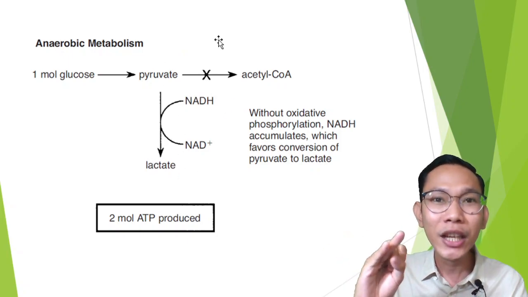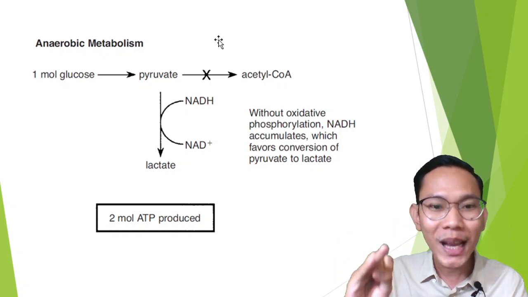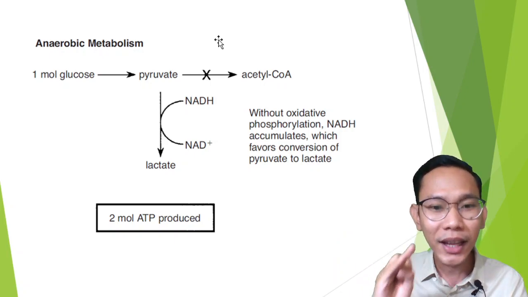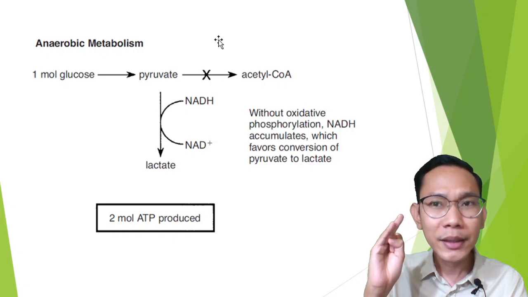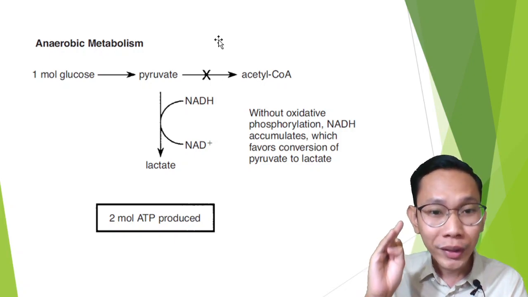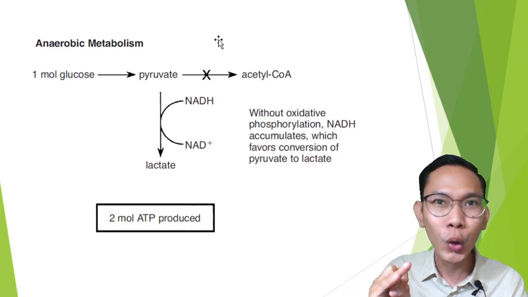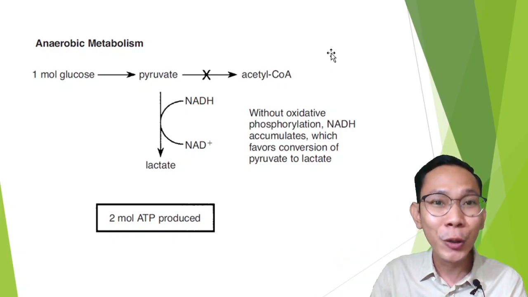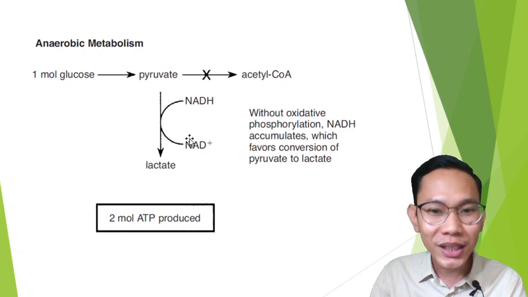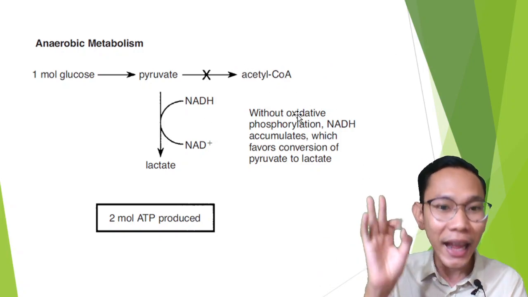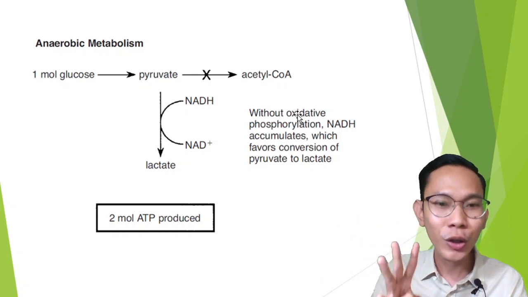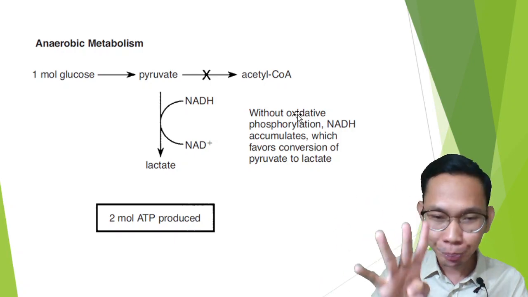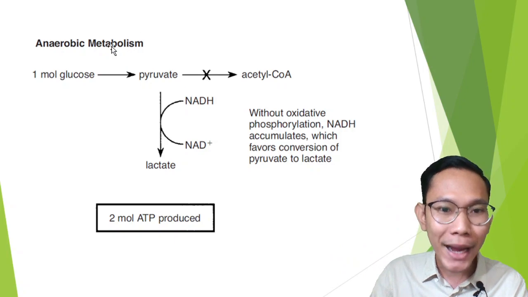Next fate niya, pwede siyang maging oxaloacetate. Yung oxaloacetate, it will be a substrate for your gluconeogenesis. What else? Magiging acetyl-CoA para mag-undergo ng Krebs cycle for your oxidative phosphorylation. And lastly, ethanol for the formation. So, that's the basic 4 fates of your pyruvate.